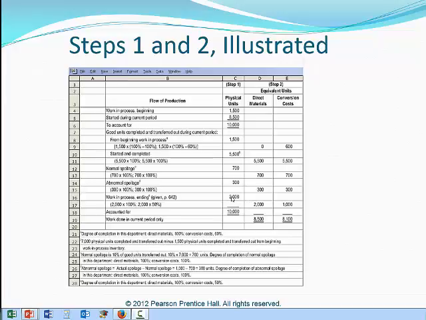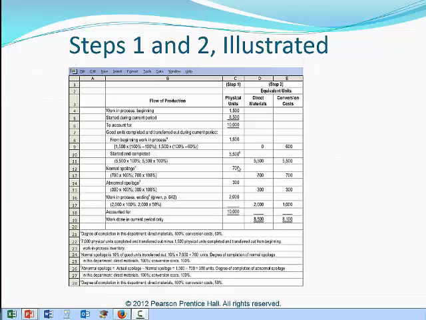If we take the 10,000 and subtract 1,500 and 5,500 as well as 2,000, we still end up with the 1,000 spoiled units. We were told that we had an expectation of 10% allowed as normal spoilage, and that 10% is applied to the 7,000 units that were completed and transferred out, which is made up of the 1,500 and the 5,500.